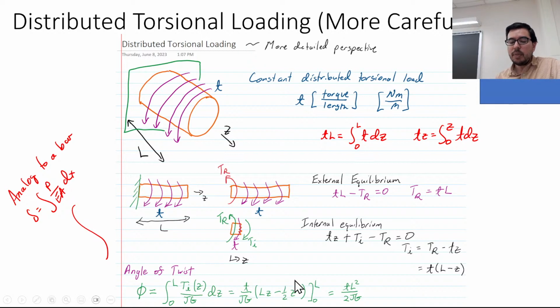One thing to also note is that this distributed torsional load is constant here, but it doesn't necessarily have to be.